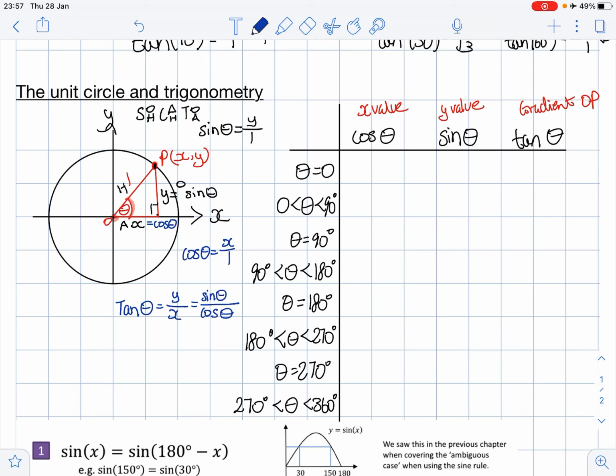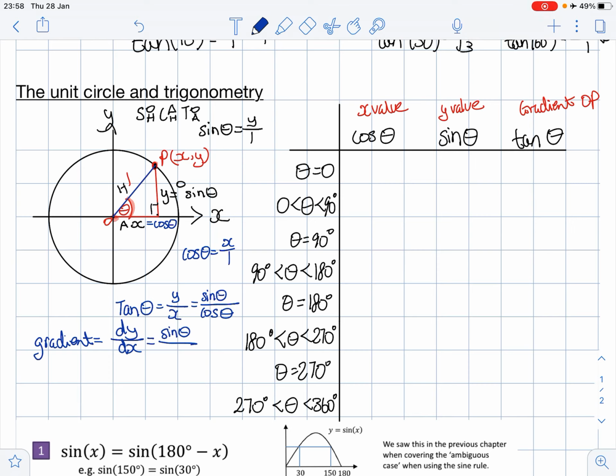Therefore, another thing we can find out here is that the gradient is the difference in y over the difference in x. The difference in y, as we can see here, is sin theta.